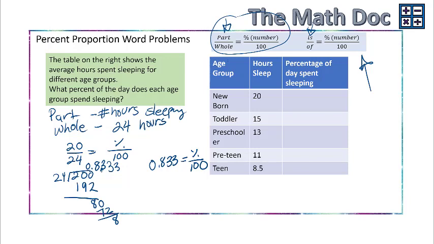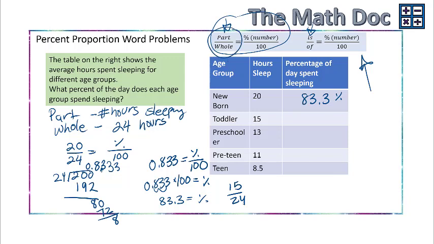If we multiply both sides by 100, we get 0.833 times 100 equals percentage, because the 100 divided by 100 cancels. 0.833 times 100, we just have to move our decimal two places to the right, and we have 83.3 is the percentage in number of the day spent sleeping by a newborn. So here we have 83.3%.